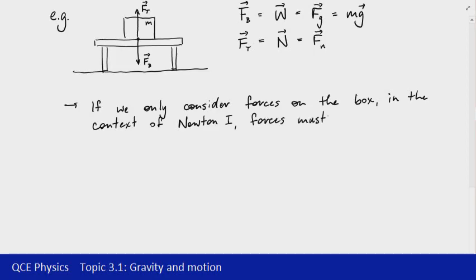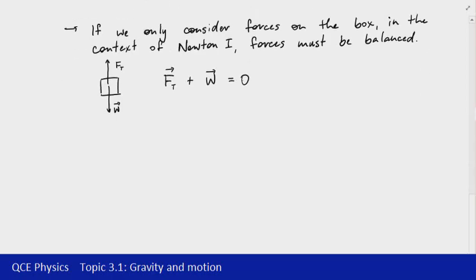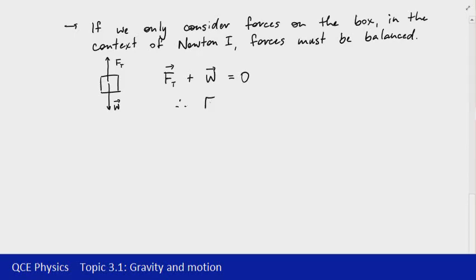So we can say then that the sum of the forces acting on the box, the box is going to have the weight force acting on it, and it's also going to have the force of the table acting on it, pushing up. So we can say then that Ft plus the weight is equal to 0 because those forces are balanced. We can therefore say that Ft is equal to the negative of the weight. So basically what we're saying there, it's equal in magnitude to the weight but in the opposite direction.